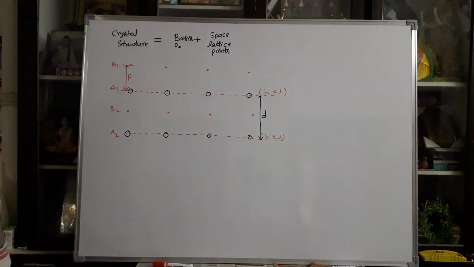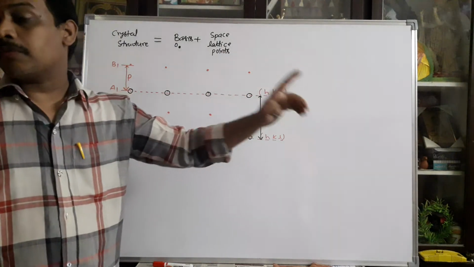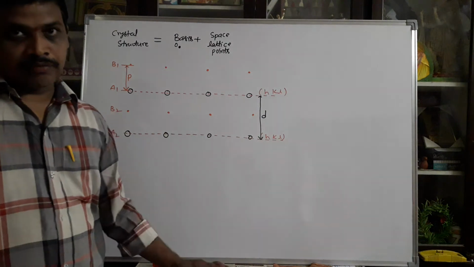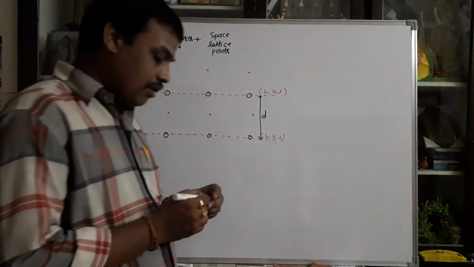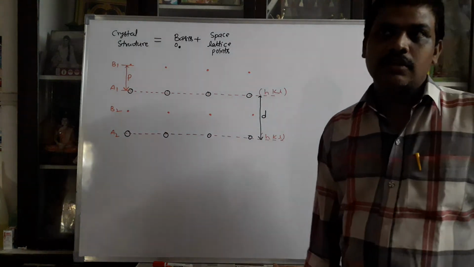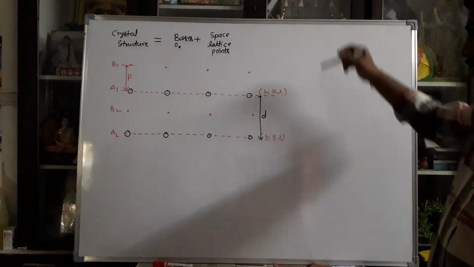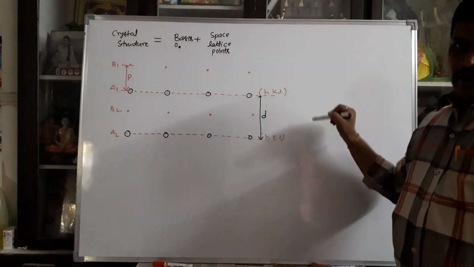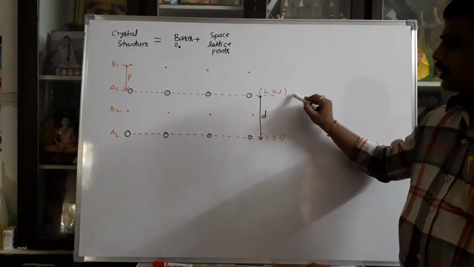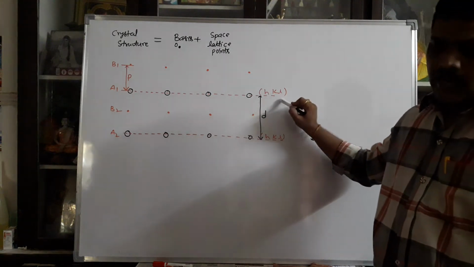In a similar way, the planes having the Miller indices h, k, l are all parallel, a family set of planes with equal Miller indices h, k, l.